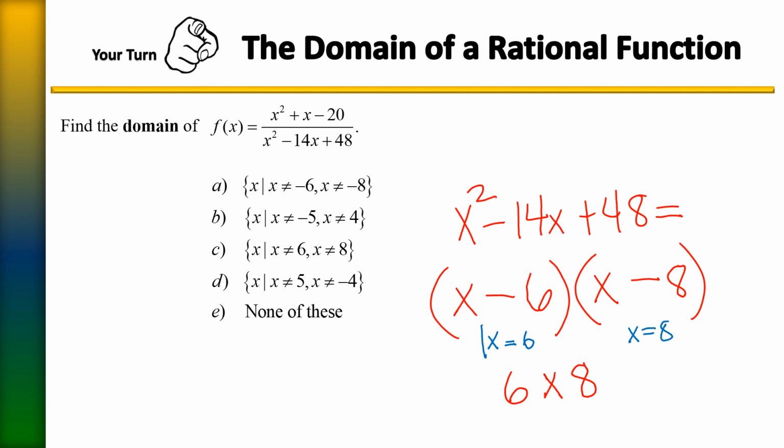So that means that these are the two numbers that must be excluded from the domain because these values would make the bottom undefined. So as we can see, what choice is that? Yes, you got it, choice C. And there you have it, finding the domain of rational functions.